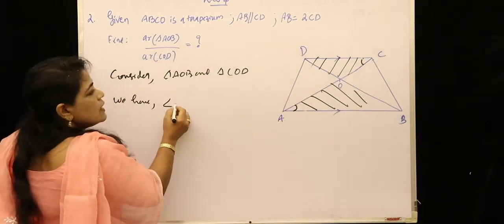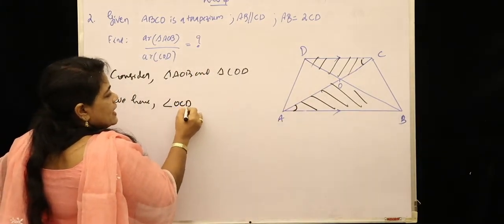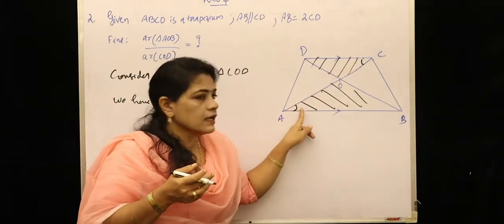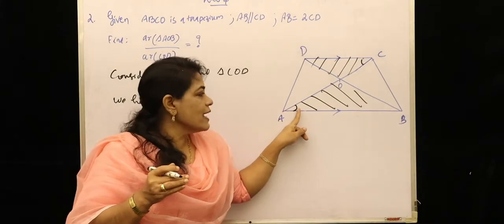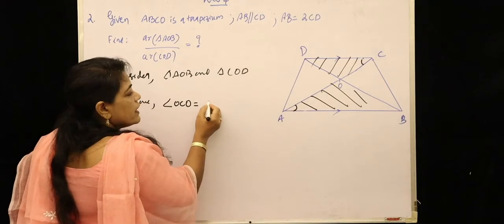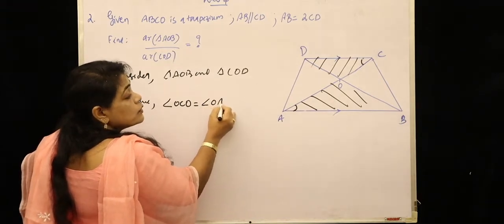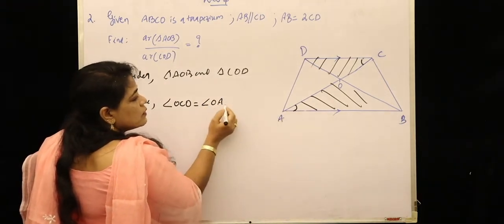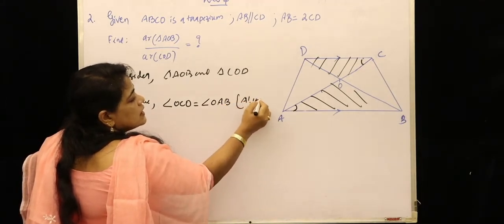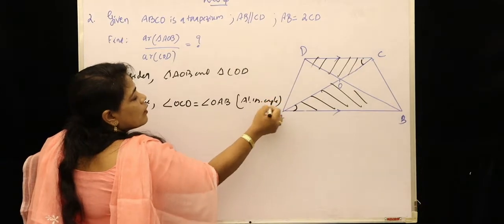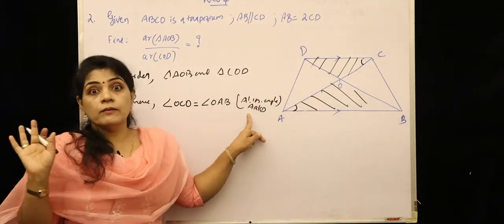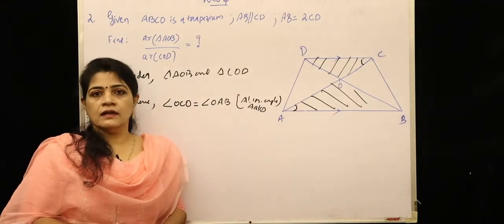Angle OCD equals, in the second triangle, this angle, and this angle is one of the angles of triangle AOB, so angle OAB. What is the reason? Alternate interior angles are equal, since AB parallel to CD. This happened only because AB is parallel to CD, that is given.